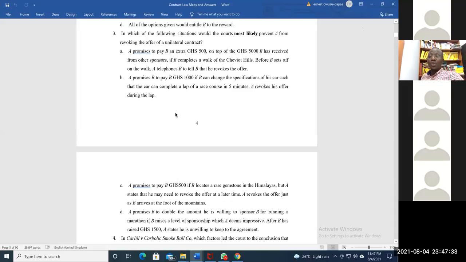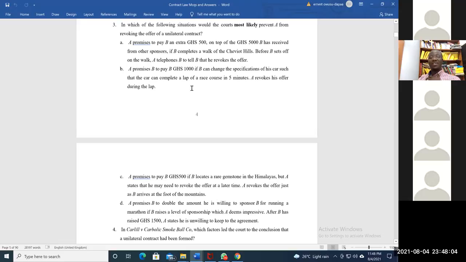Yes, for B, I was wondering from the way that the sentence is structured, can we tell whether B has actually made specifications to the car, like the answer is saying? I don't know if you can tell from the way it's structured whether he has actually done anything. Okay, so it has to do with the construction. But anyway, let's look at C and D, and then we will conclude on that.